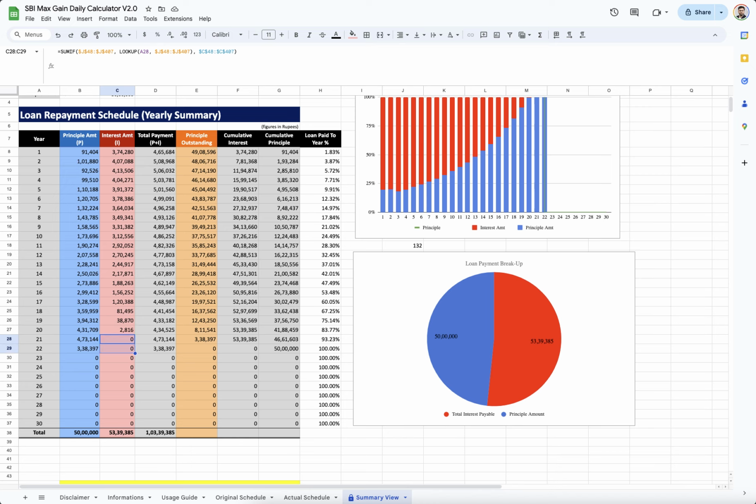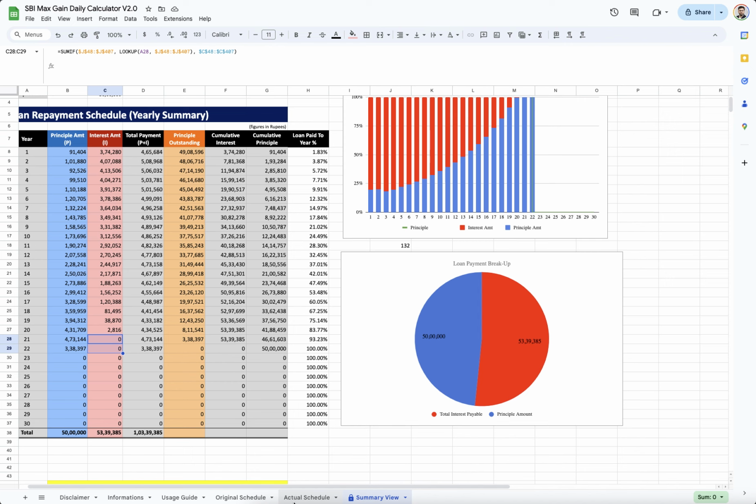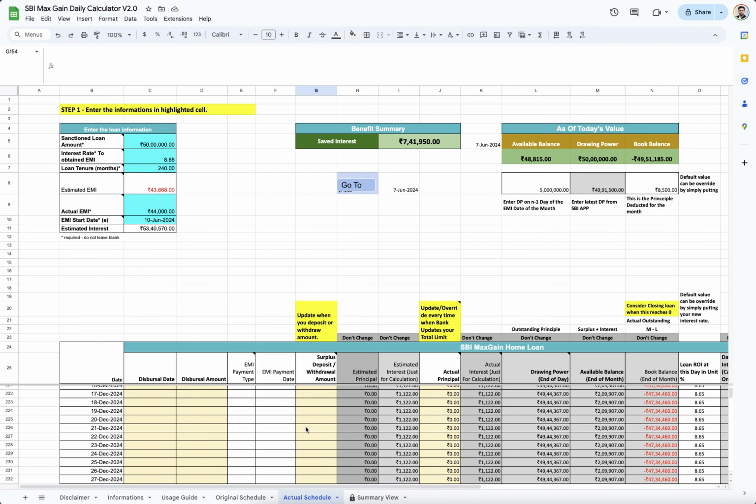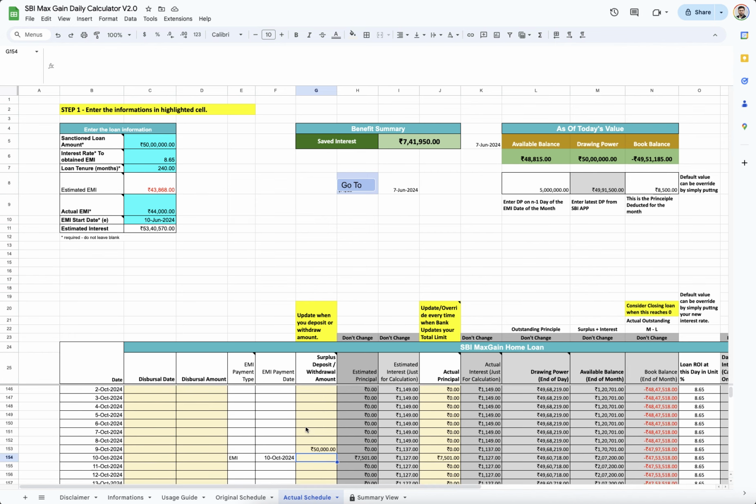That means in our last 2 years we are not paying interest to the bank, only principal is getting deducted here, for the entire year. So for 24 months you are not paying interest by doing this exercise, putting in a smaller amount at the end of the month and a very limited amount of withdrawal.